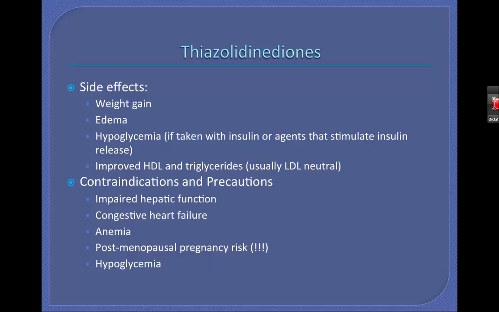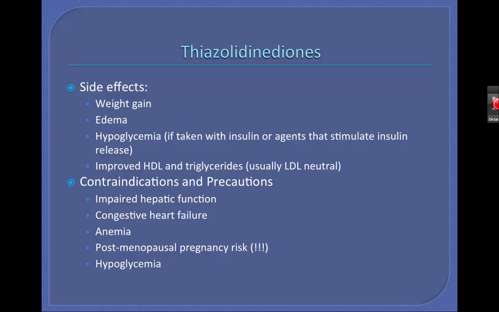If there's impaired liver function, this patient should not be started on a TZD, nor patients with active liver disease or an ALT of greater than 2.5 times the upper limit of normal. LFTs should be checked prior to initiation and then every 2 months for the first year and periodically thereafter.